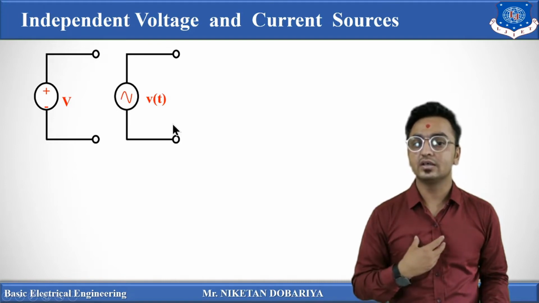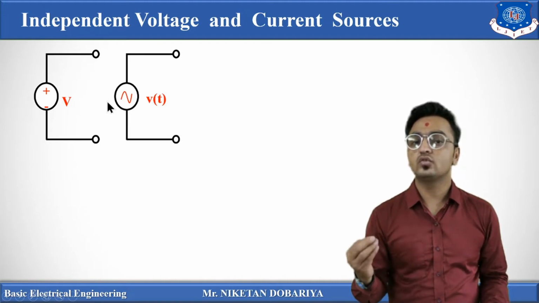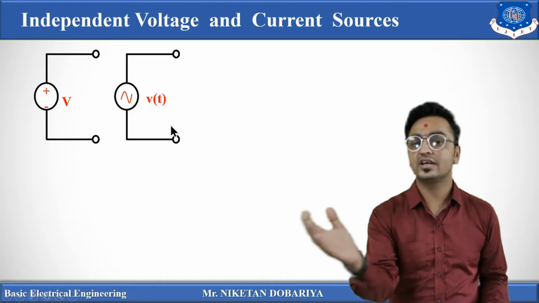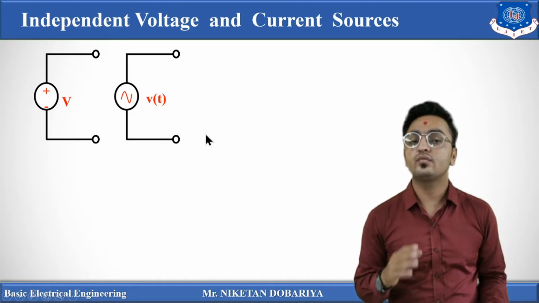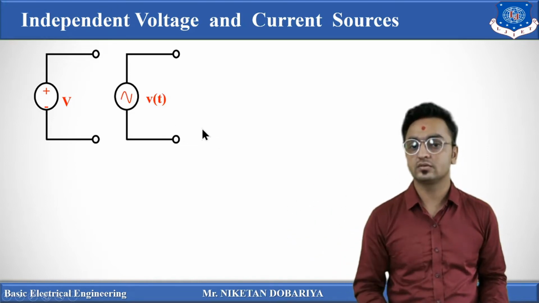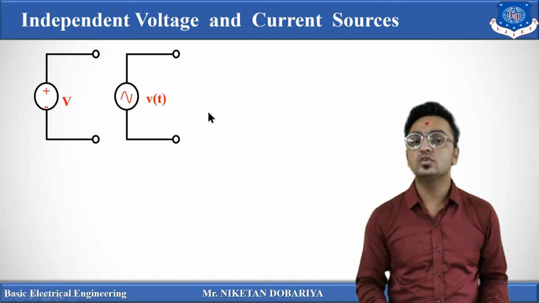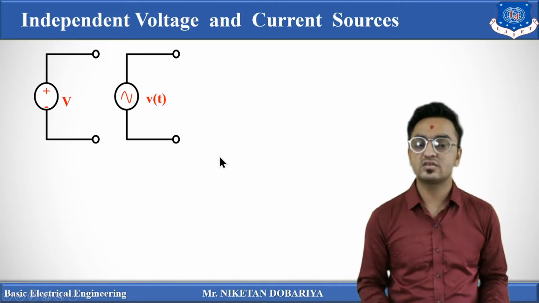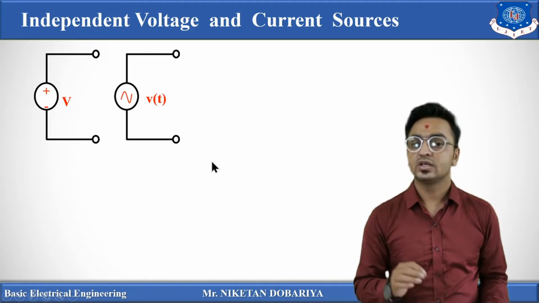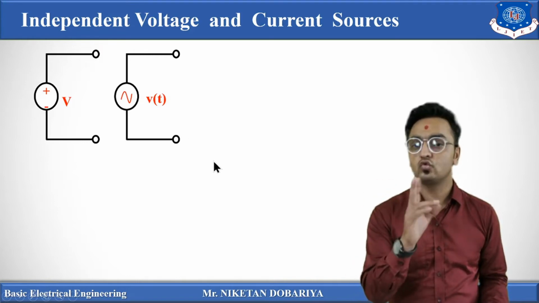So if you connect this voltage source with a resistor, and then change the circuit parameter, in any condition the output voltage of these sources is going to be constant, and that's why they are known as a voltage source.